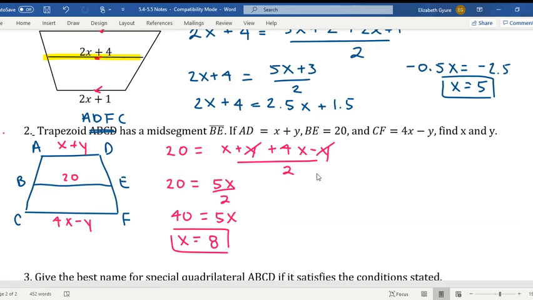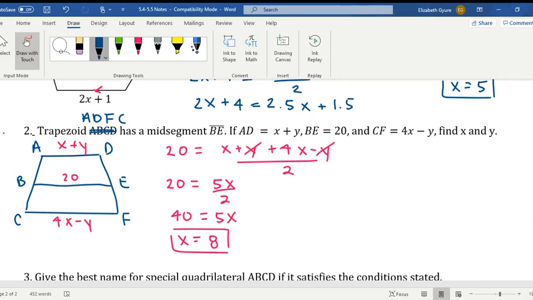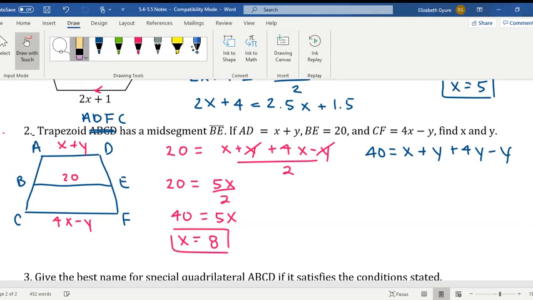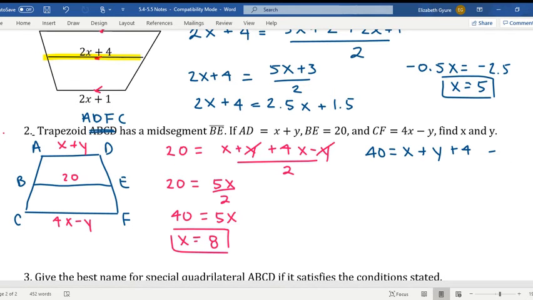Yeah, okay. So either way, now I'm just going to take my original equation, and I'm going to plug it in the way Braden said, because I don't want to deal with that divide by 2. I'm going to rewrite this as 40 equals x plus y plus 4x minus y. Oh, I'm sorry, 4x, not 4y. And then I'm going to plug that in there. I'm just rewriting it.